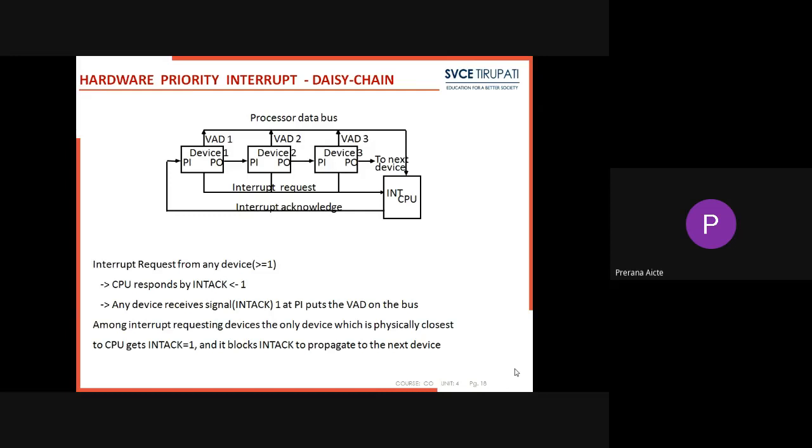So if PI equal to 1 and PO equal to 1, that is priority in equal to 1, priority out equal to 1, the vector address is disabled. This condition passes the acknowledgement signal to the next device through priority out. Okay, this is about the priority interrupt daisy chain.